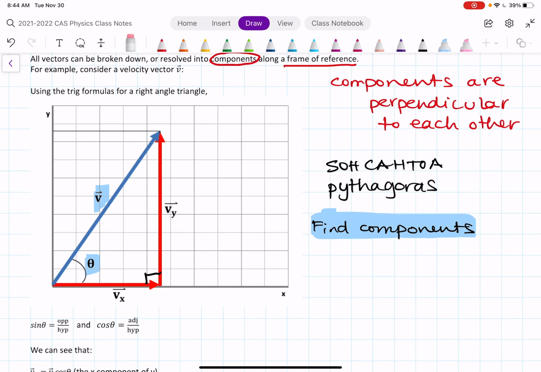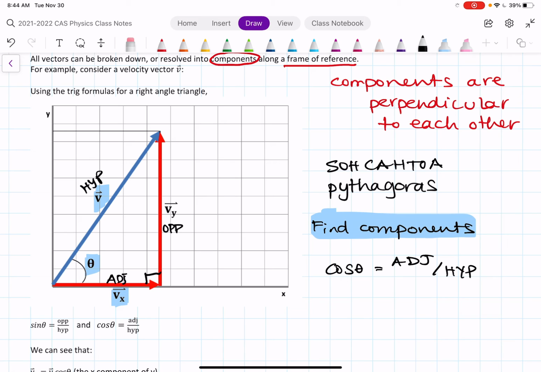If I want to find the x component of V, I can see this is the adjacent side of the triangle. This one is the opposite, and this one is the hypotenuse, right? So what I'm actually saying is cos theta equals adjacent over hypotenuse.